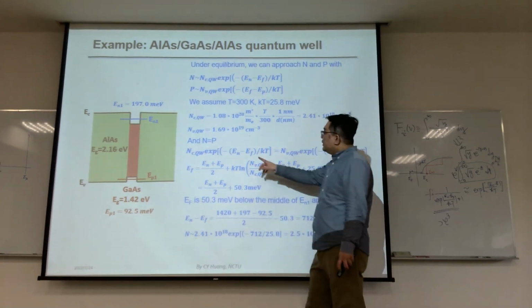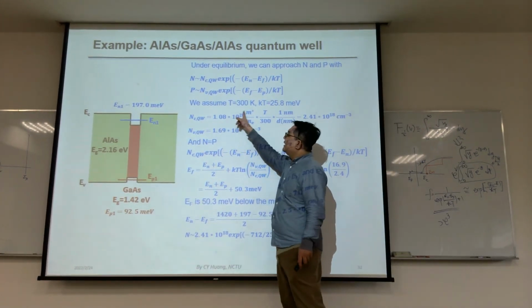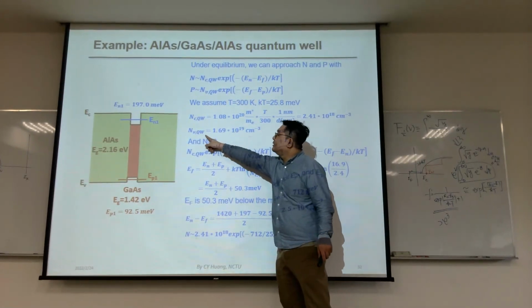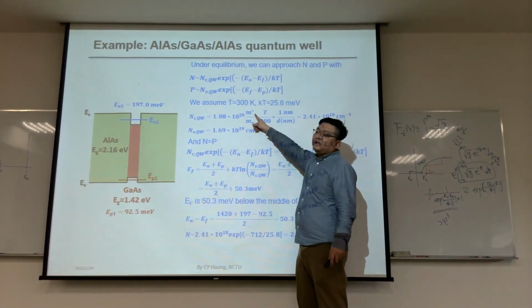Alright. Then we can calculate the NC and the NV with different effective mass.